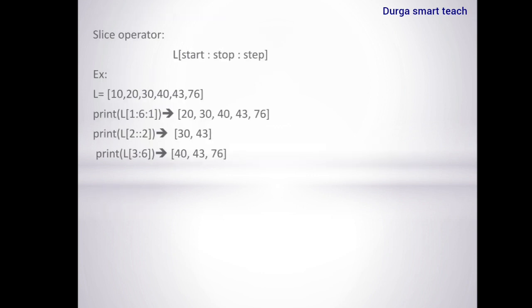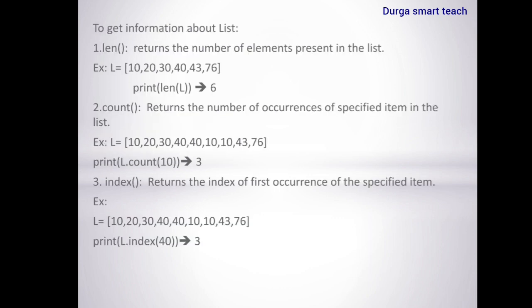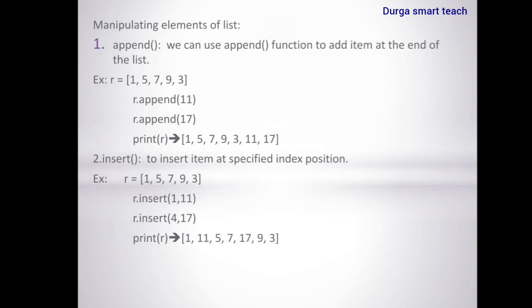Slice contains three attributes: start, stop, step. Next, to get information about a list you can use the len method, count method, and index method. These three are predefined functions or methods. Here method and function are the same. The purpose of a function or method is to perform one predefined task. Next, manipulating elements.